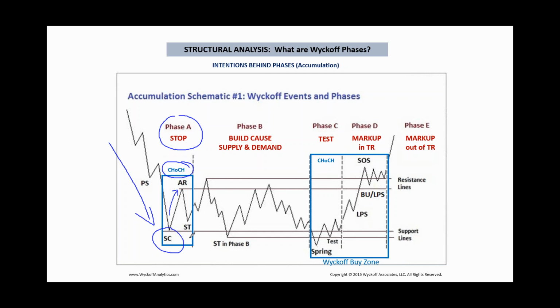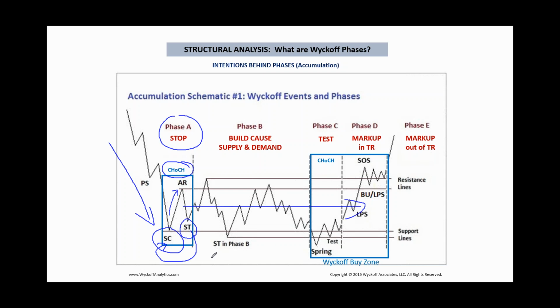It's going to indicate to us that from a trending environment, a downtrend, we are going to most likely shift to a non-trending environment. And at the minimum, we're just going to consolidate. And we'll look into this concept a little bit today. Then after the change of character, automatic rally, we're going to retest locally the climactic action that has happened prior to that. And that's just going to indicate to us what kind of supply we still have.